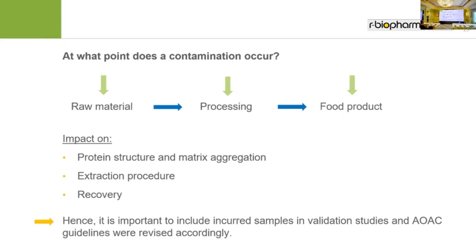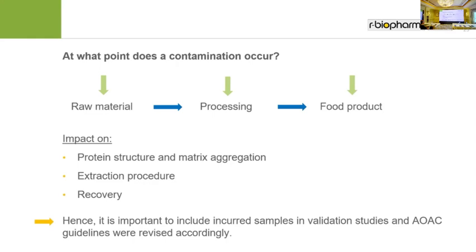Do I test food products? And when does a contamination occur? Is already the raw material contaminated, then the gluten will be processed with the food procedure preparation, so that all the impacts on the gluten happen with this complete food processing.